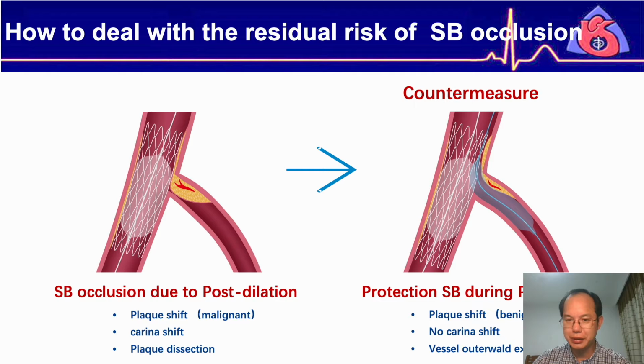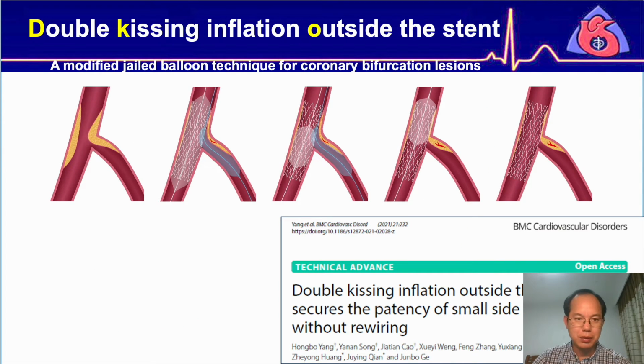During post-dilation, the gelled balloon should remain at the side branch, and this constitutes the second time of kissing balloon. And so we proposed the modified technique, namely DKO, double kissing inflation outside stent.